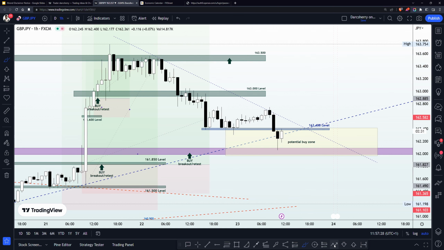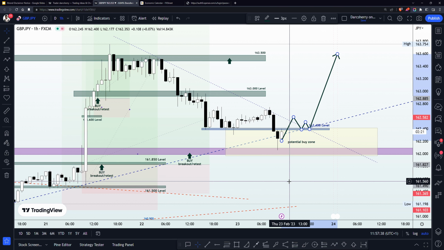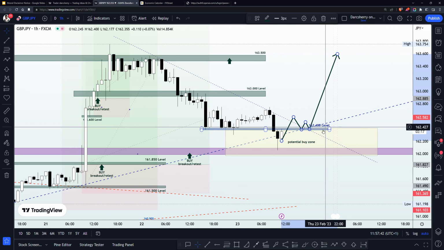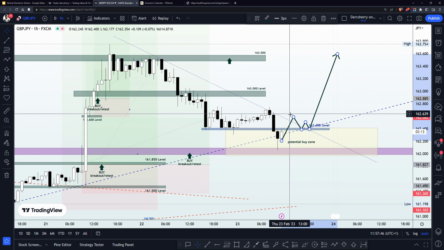So if it so happens that price action continues breaking above the 162.400 level, buy pressure above the structure, we should be getting ready to join a rally to the upside, and that will have broken out of this bearish trend line, further confirming the strength of the buyers at this point.